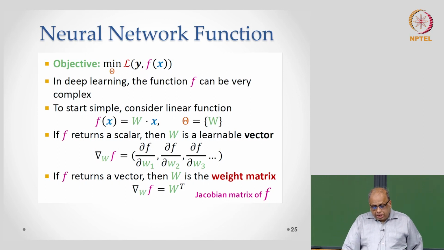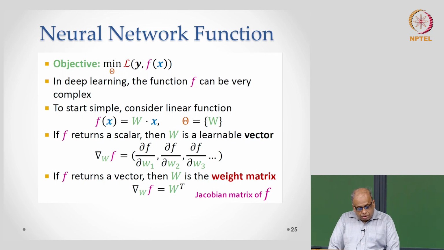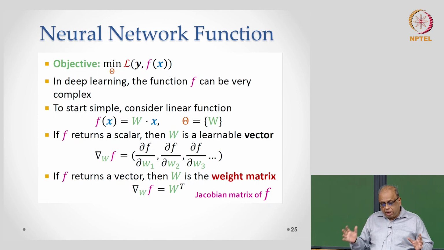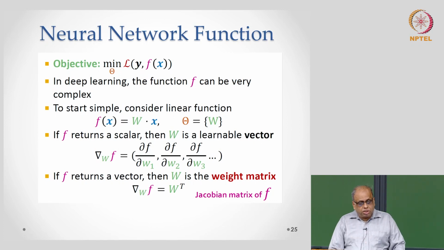So for the neural network, the objective is you can write it as an optimization problem where you are trying to minimize the loss given the actual data that you have and the data that you have calculated. This function f can be very complex. In a multi-layer perceptron with multiple layers, f(x) can be very complex, but the overall goal is to minimize.